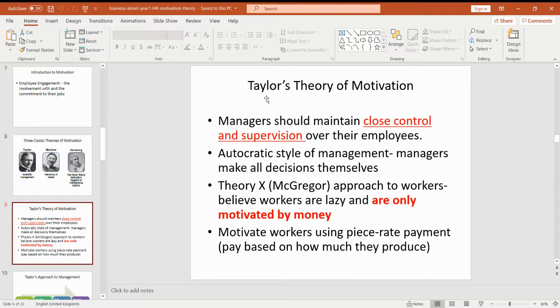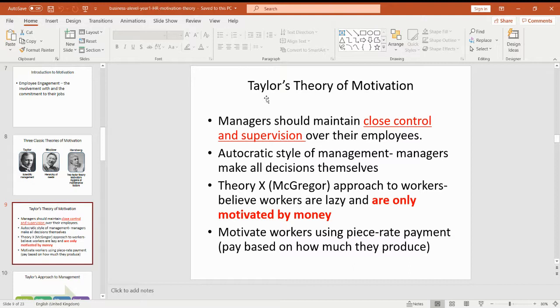So with this in mind, he believes workers needed to be closely controlled. They were not able to make decisions for themselves, and they needed to be supervised in order for output to be maximised.